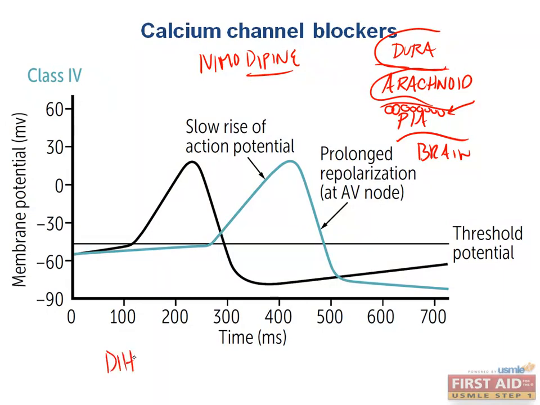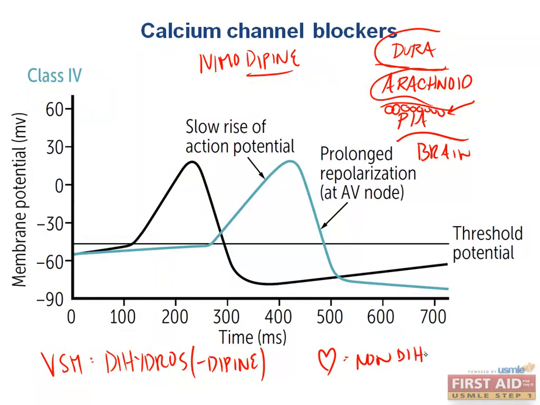So again, our dihydros, which all end in -dipine, tend to favor the vascular smooth muscle cells, and the non-dihydros, such as verapamil and diltiazem, tend to favor the calcium channels that are particularly in high amounts in areas such as the SA and the AV node that are dependent upon calcium influx for depolarizations.